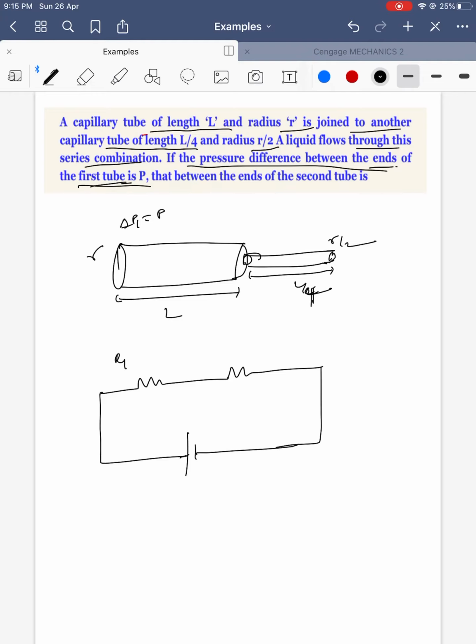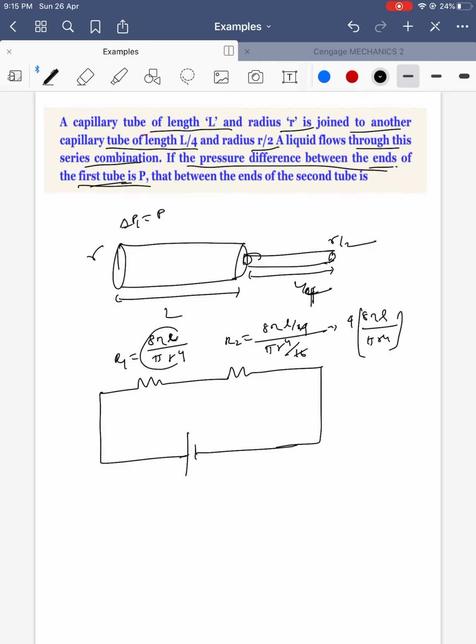R1 is equal to 8 nu L by pi R power 4. R2 is equal to 8 nu (L by 4) by pi (R by 2) power 4, and 4 into 4 is 16 by 16, so it goes like that, it's 8 nu L by pi R power 4.